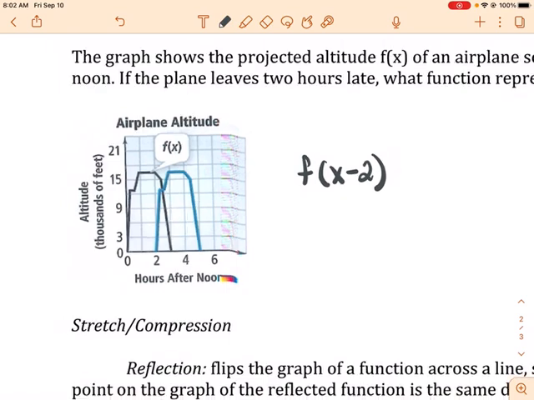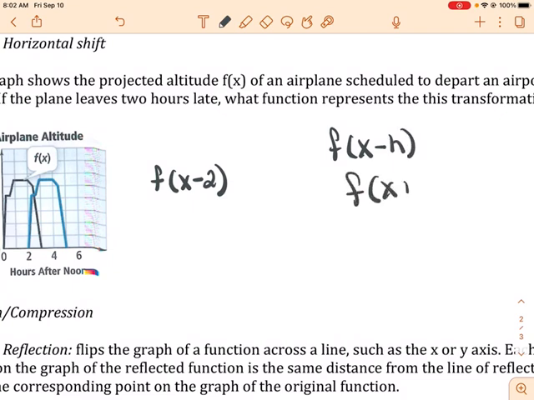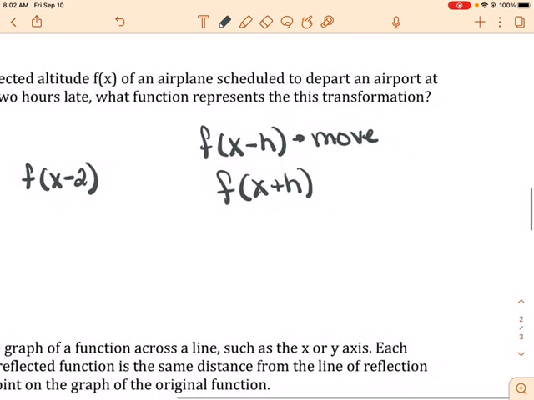In fact, for horizontals, we're going to call this H. This one moves right, and this one moves left.